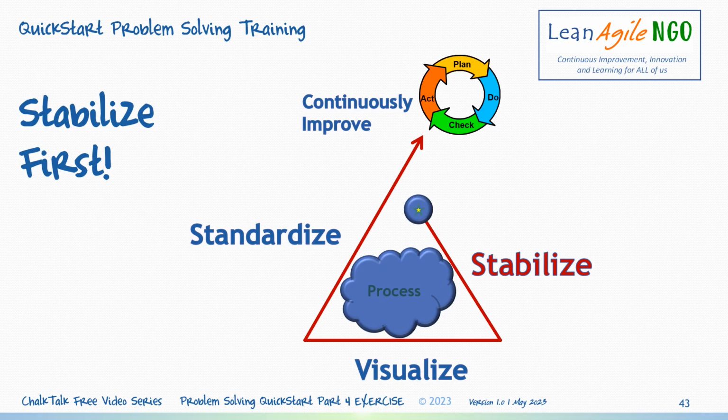So they decided to stabilize the situation. The teams visualized their processes, and then they standardized them, agreeing on what to stop doing and what to do in a more standardized way. Finally, they'd identified a stable baseline target upon which they could adopt together, learn and improve together going forward.